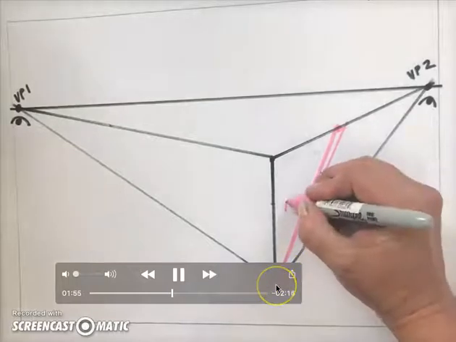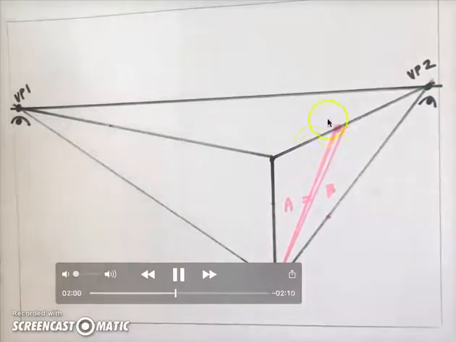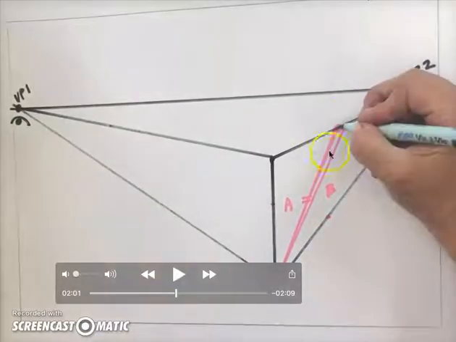Okay, so you start from the point, and you go upwards until you hit this line. Now this is an unknown, okay? You cannot start your bisecting at the top of the line. You have to start at the bottom and work your way up, creating equal A and B slices.